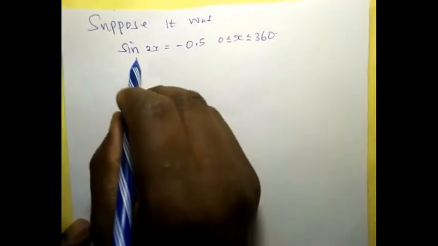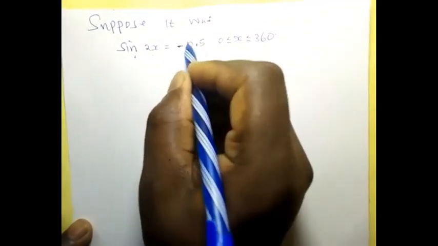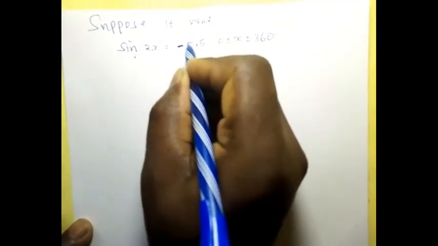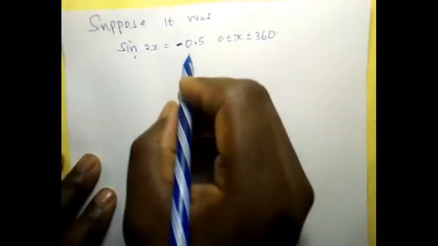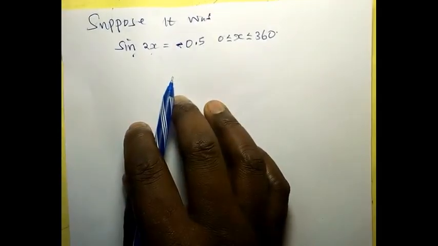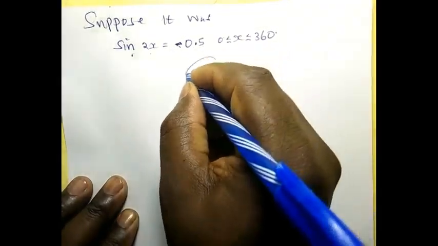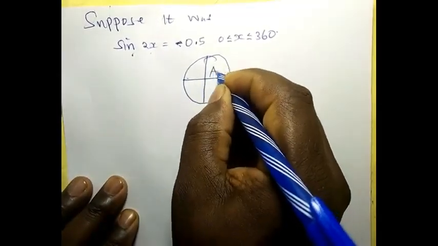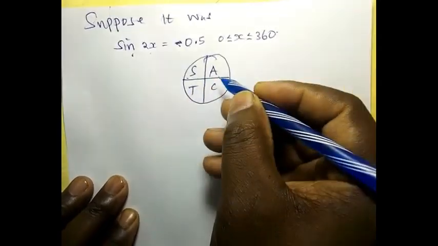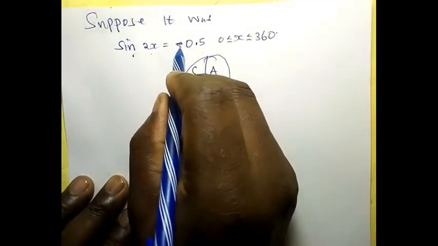Suppose it is sine 2x equal to negative 0.5. So I said if it is negative, it is telling you that the sign we want to handle here is the sign that is negative. So you don't bother with the negative.